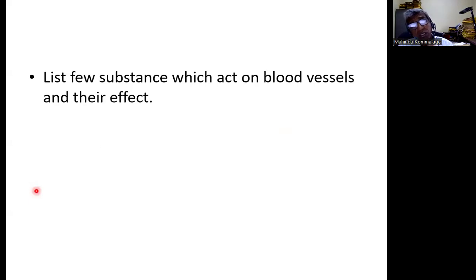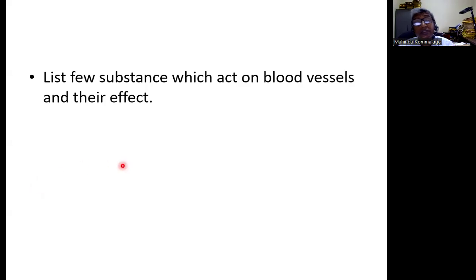Right. So later again try to list the substances which act on blood vessels and their effect. So you learn many substances that will act on blood vessels. Some of them are local factors like nitric oxide, endothelin 1, prostacyclin, prostaglandin, and so on, right? Then you learn some of them act on blood vessels as a hormone, like vasopressin, adrenaline, noradrenaline, angiotensin 2, ANP.